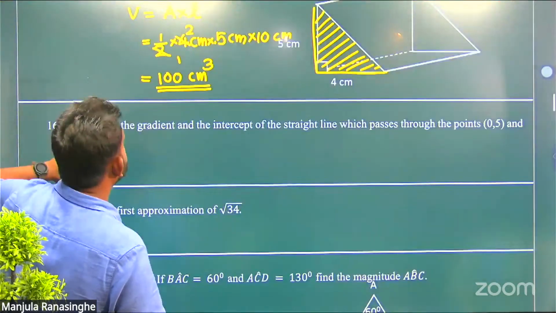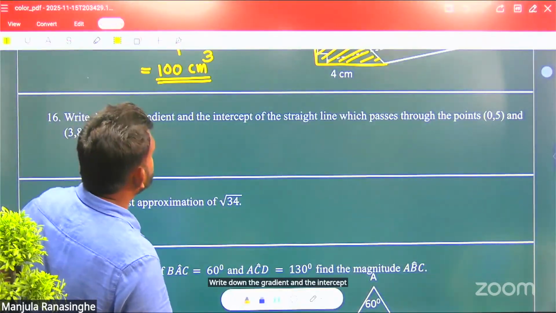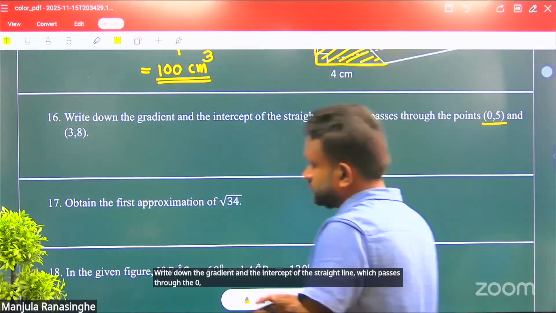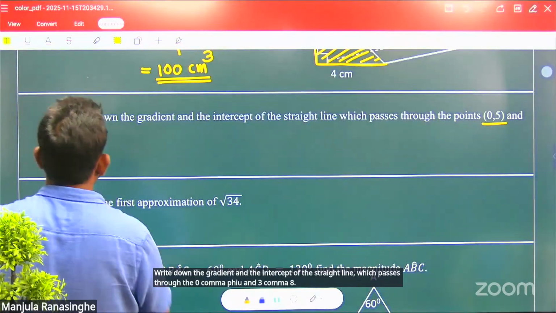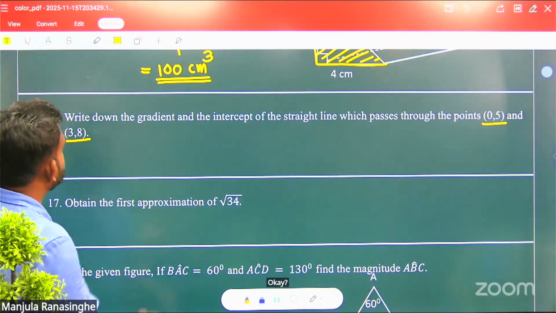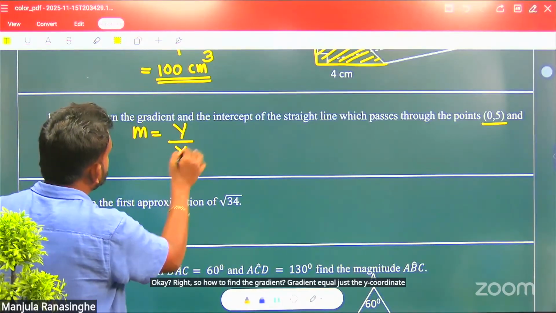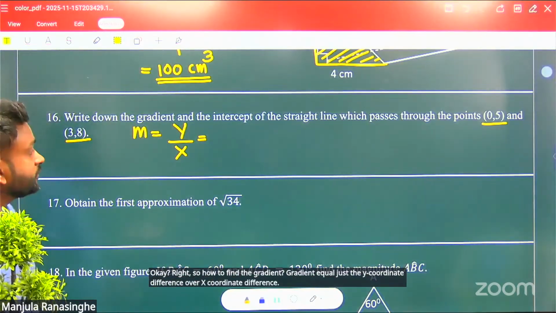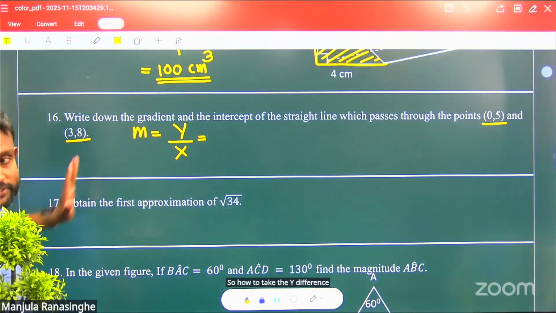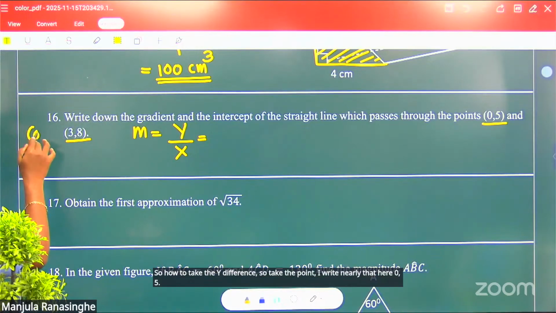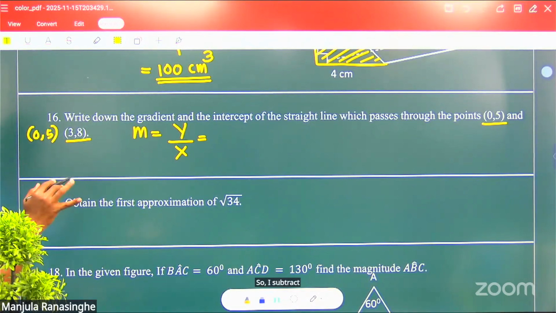Write down the gradient and the intercept of the straight line which passes through 0, 5 and 3, 8. How to find the gradient? It is the y coordinate difference over the x coordinate difference. Take the point 0, 5 and subtract y coordinates.